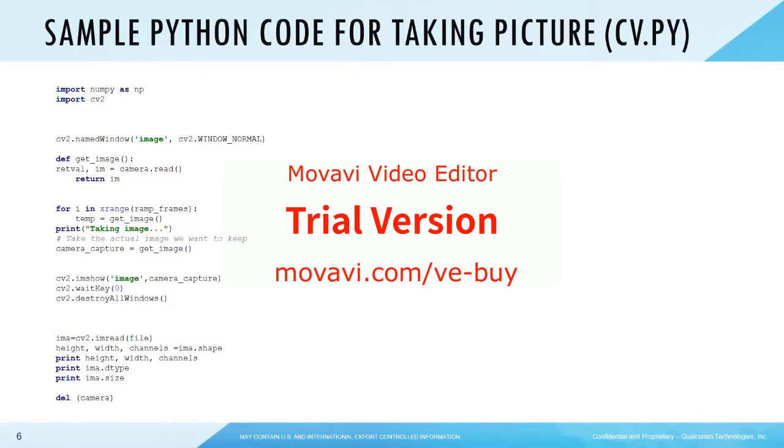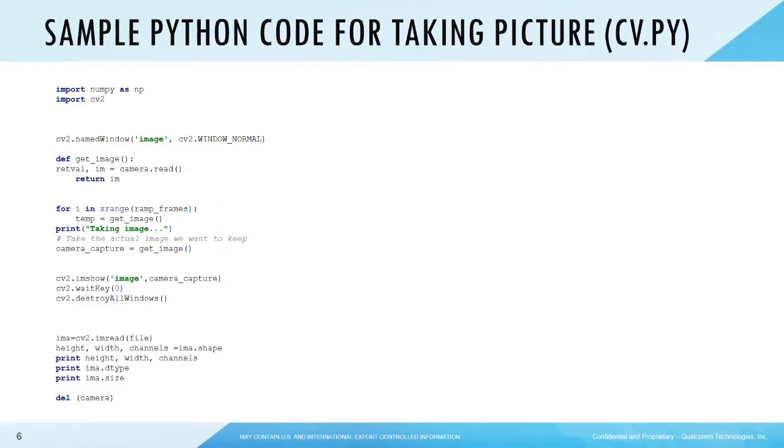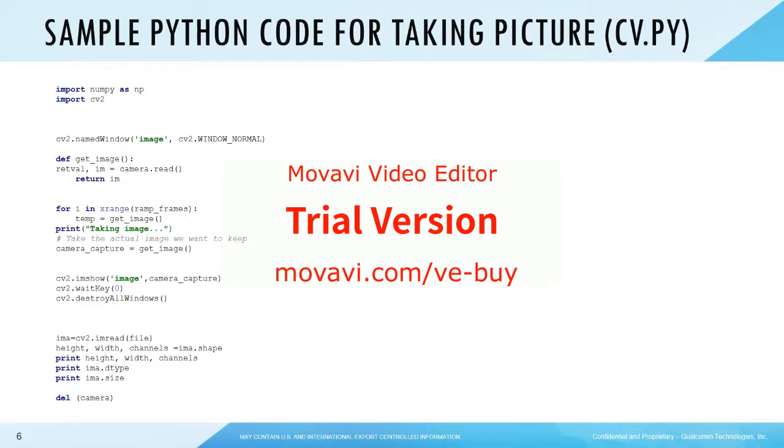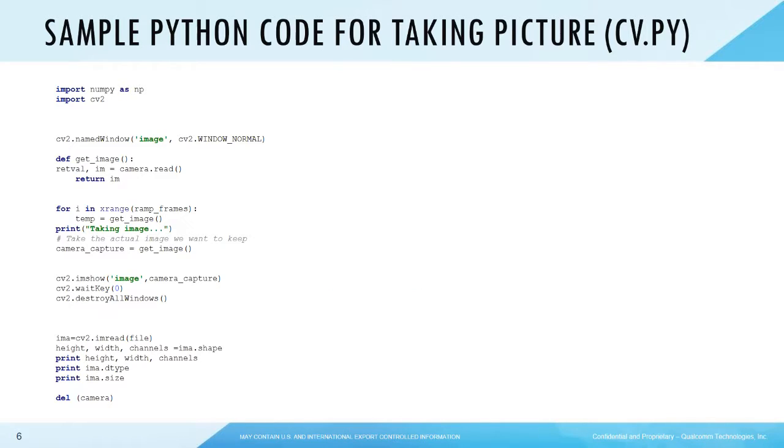Here we have some snippets of the script that perform the main functions described. We see that we open a window called image. We define a function to cause the camera to take a picture. There is a loop to discard the first 30 frames approximately.